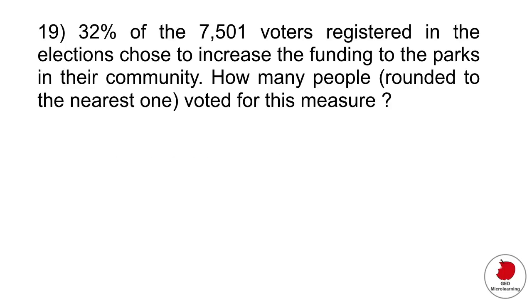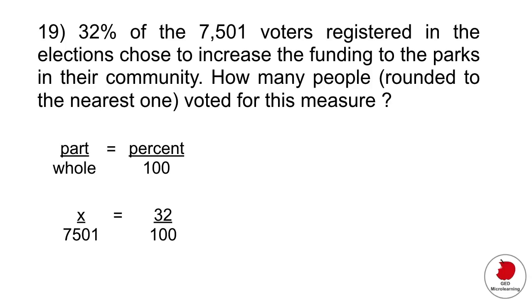All right, so how do you set up this equation? Well, exactly the same as we did before. So you would set up your proportion equation like this. And they're asking us specifically how many of these people chose to increase funding to the park. Okay, so that is how you would set up your equation. So the total number of voters, or the whole, is 7,501.